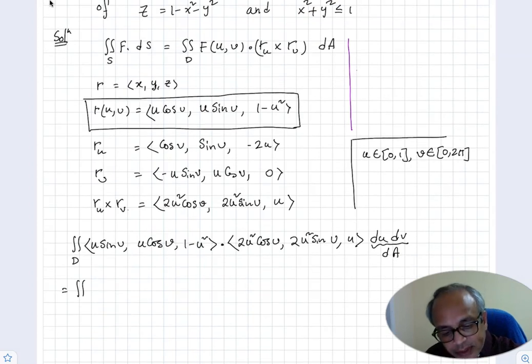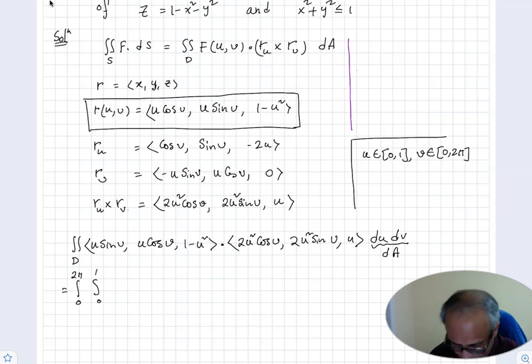Okay, so we can now put the limit here. So let's put the v limit outside. So 0 to 2 pi, u limit inside 0 to 1, and then complete the dot product.